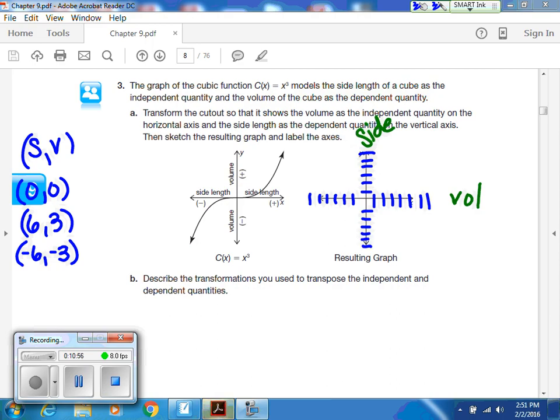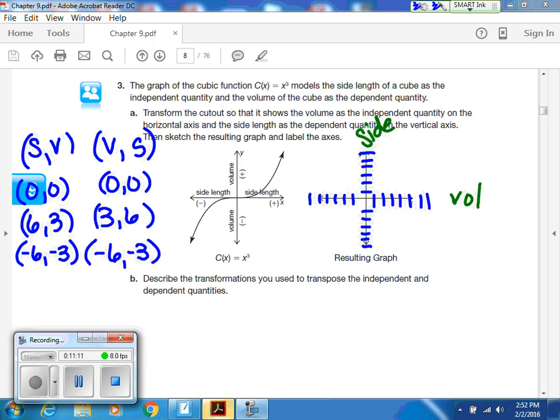Okay, they want me to transform it so volume is the independent and side length is the dependent. This is still going to be 0, 0. What's going to happen to this one? It's going to be 3, 6, and this one's going to be negative 3, negative 6.